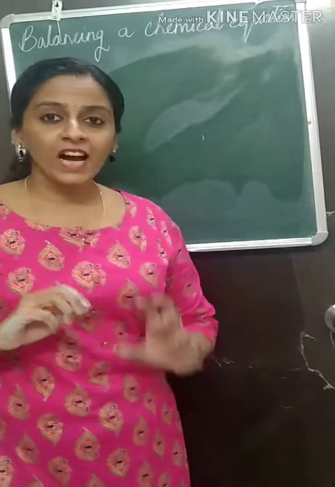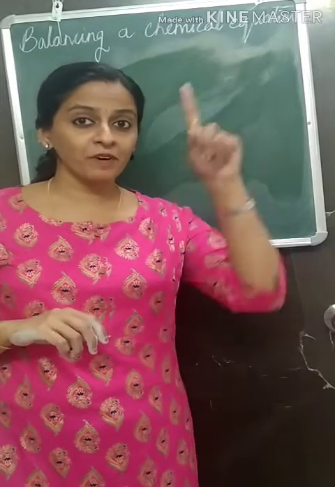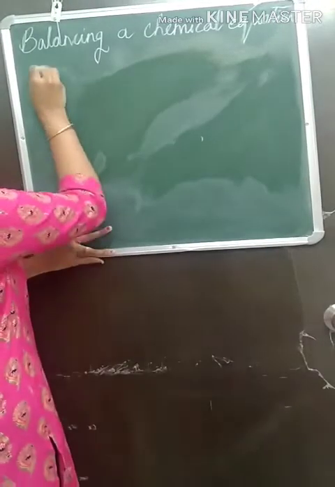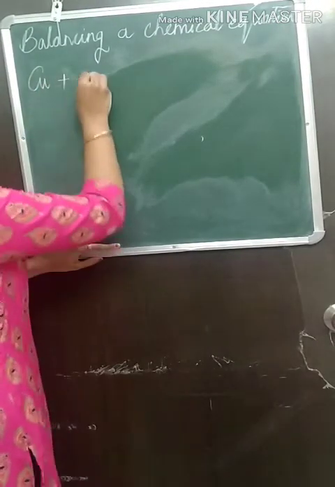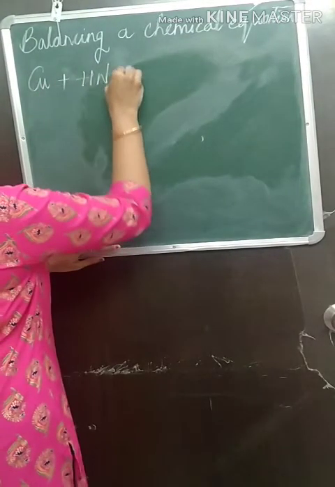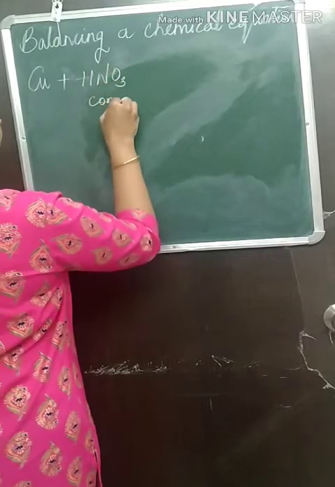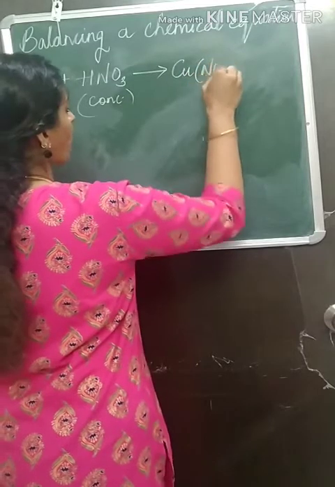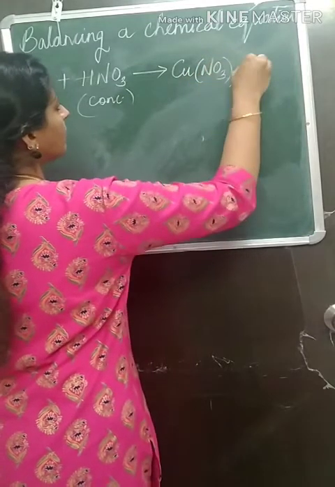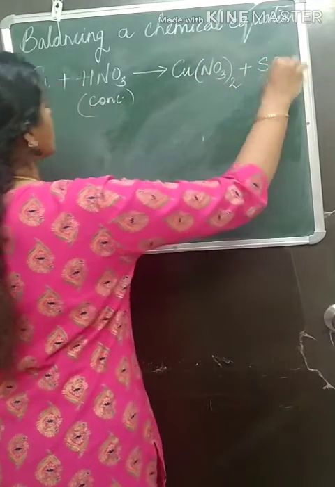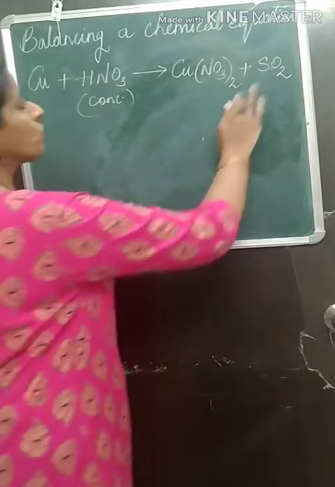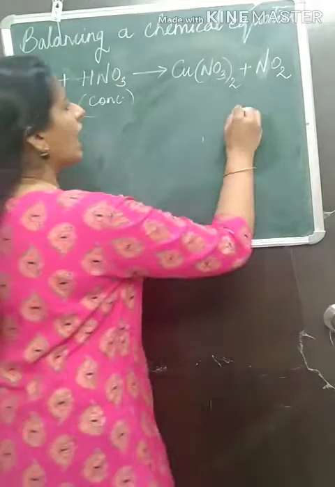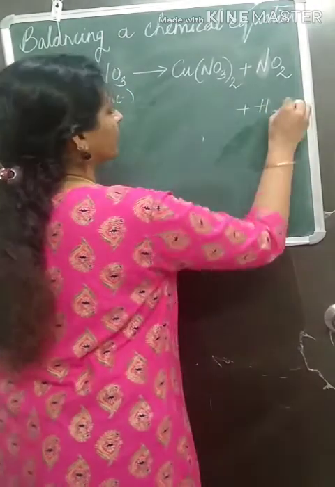After understanding how to balance a chemical equation, you remember we had left one equation in the beginning that we will try to balance. The equation was copper plus HNO3, if it was concentrated, we got Cu(NO3)2, copper nitrate, plus poisonous NO2 gas, nitrogen dioxide gas, and water molecule.